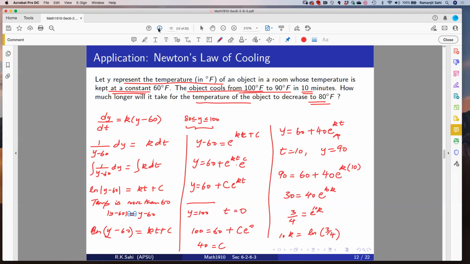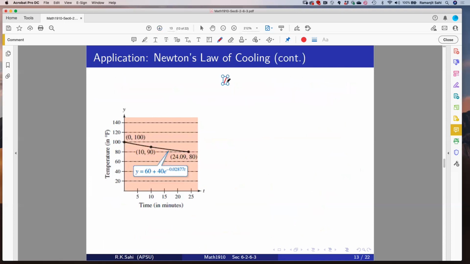Okay, let's go to the next slide. So we had 10k equals natural log of 3/4, and our k is 1/10 times natural log of 3/4.